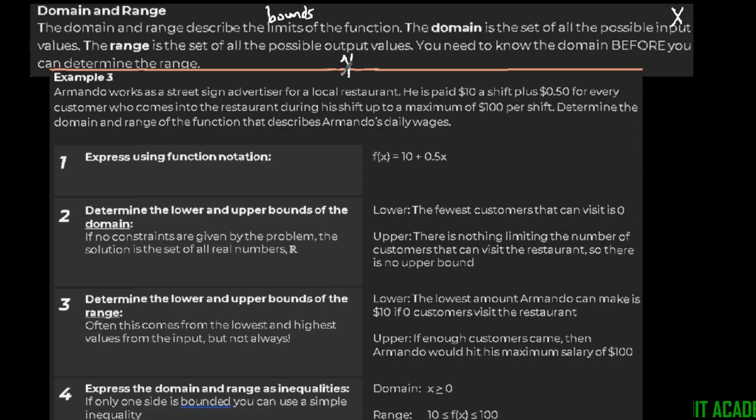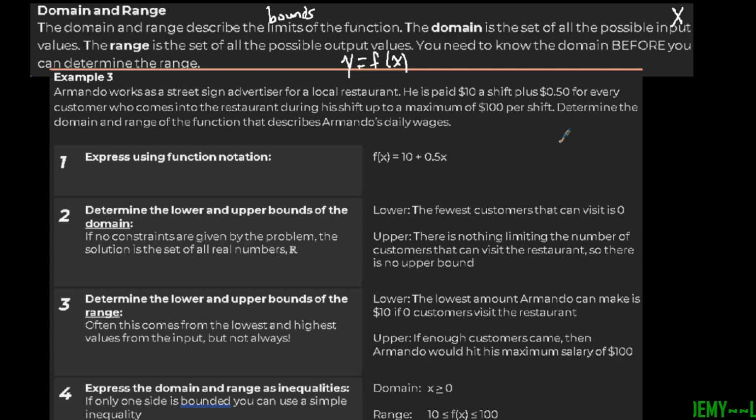That just means y, which is the same as f of x. So you need to know the domain before you can determine the range. That makes sense because the range is the dependent variable, since we are dependent on what we put into the function. So we could say x is independent.